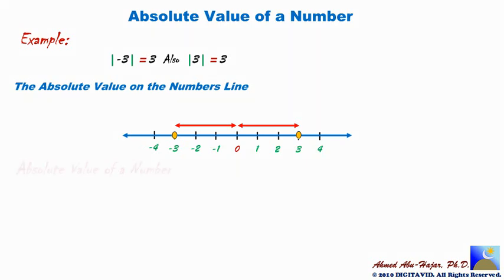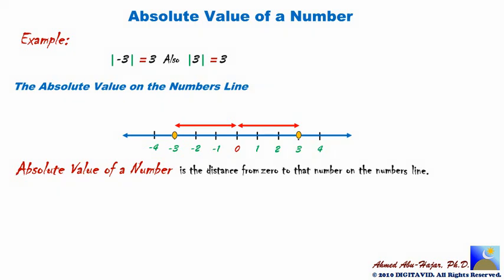So we can state that the absolute value of a number is the distance from 0 to that number on the number line. That's why the absolute value of -3 equals 3, and the absolute value of number 3 is also 3, because the distance of number -3 to 0 is 3. That is the same as the distance from 0 to 3, which is also 3.